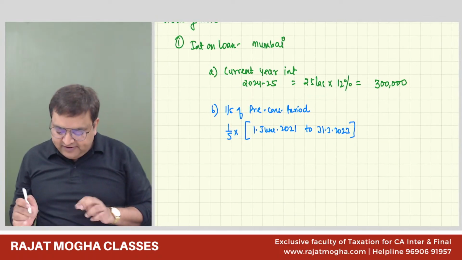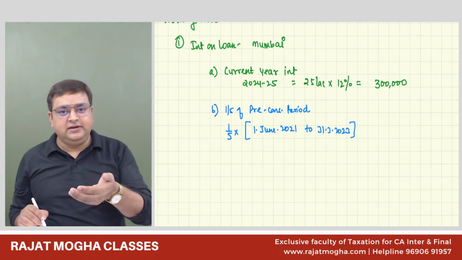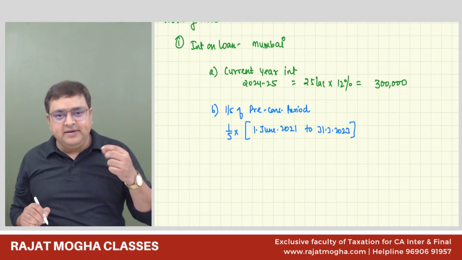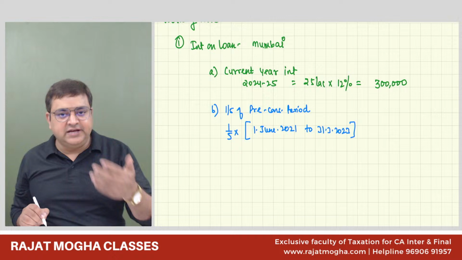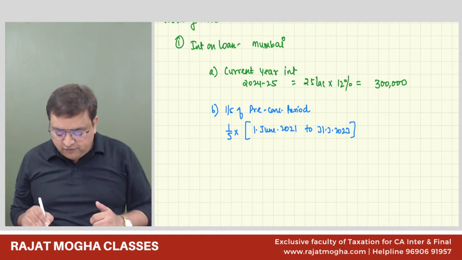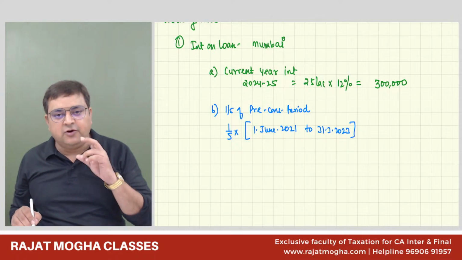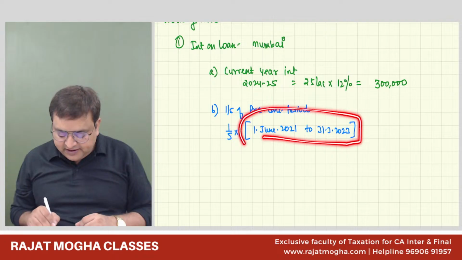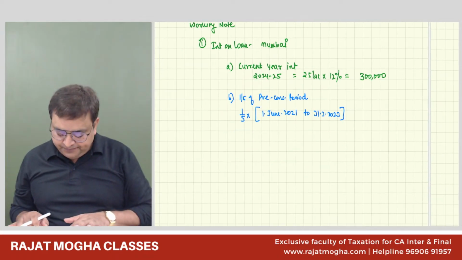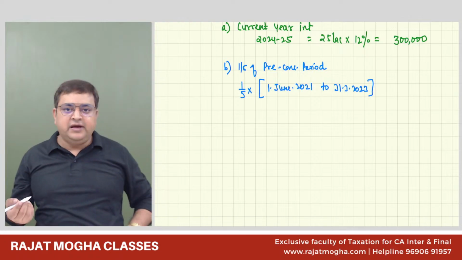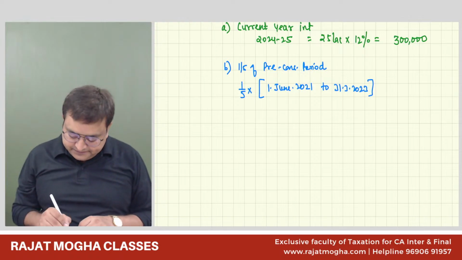And you have to see whether, in this question, it is quite simple. The outstanding is same in this period. There might be cases the outstanding might get changed if you are repaying something. But in this period, you have not repaid anything because the outstanding is intact at 25 lakh. So first of all, just determine how many months are there. Generally, I follow the calendar year method to determine it.